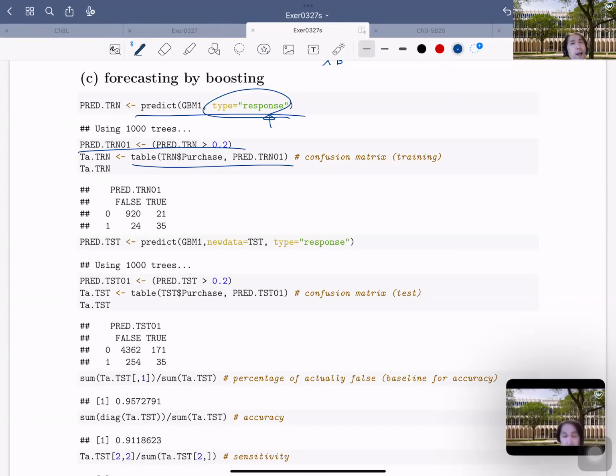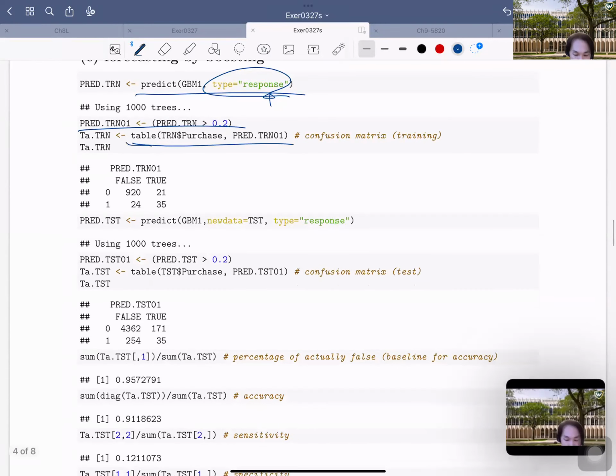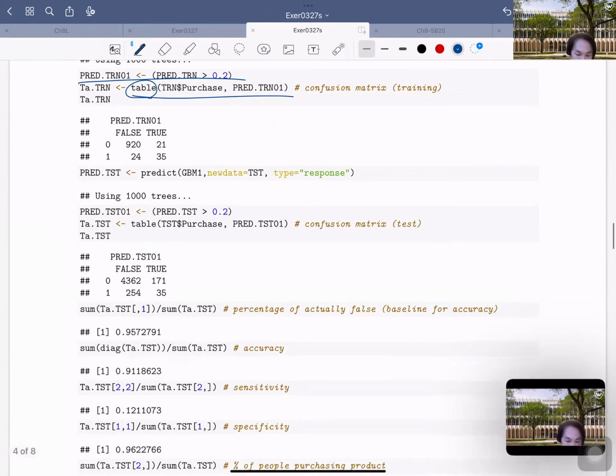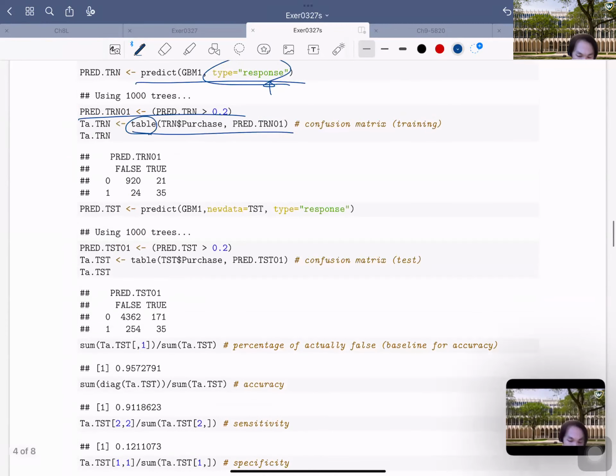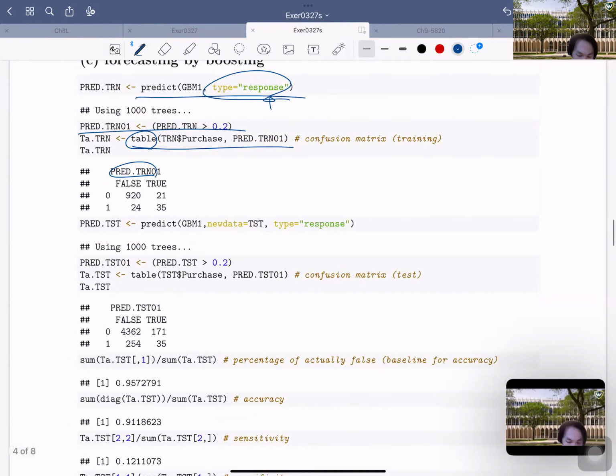I think the room 2 uses the confusion matrix function. Yeah, there are many functions, but we can simply use table here. And here the predicted value is here. So for the training set, it's good. 35 out of 66 observations are actually the people who purchased the product.